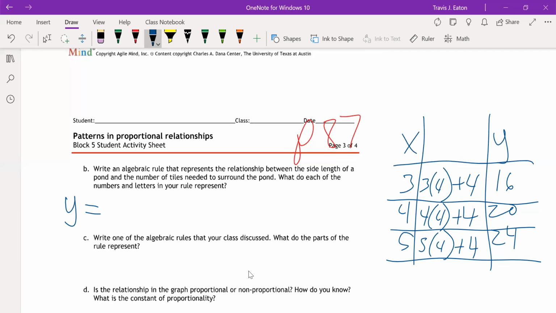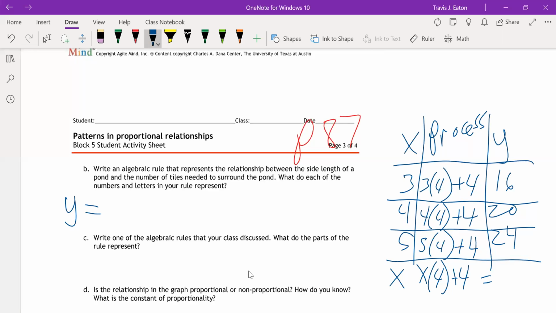So we can see in our process column that in order to get from our x value to our y value, we take x, whatever the x value is, multiply that times 4, and then add 4 to it to get our y value.